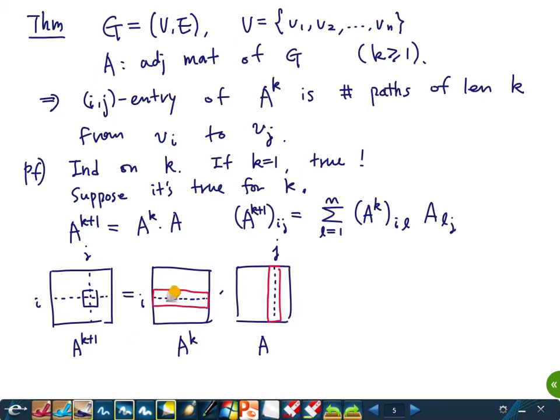So we multiply this and this and this and this, and then we add them. This is how we multiply two matrices.